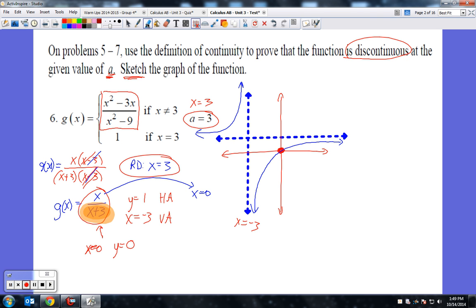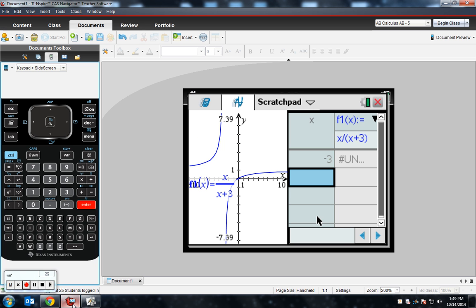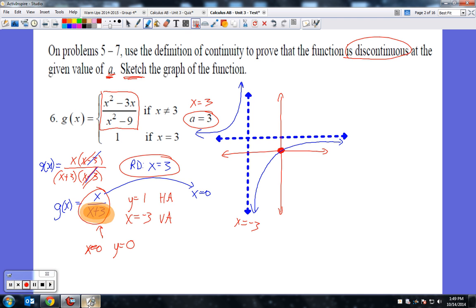The removable discontinuity at x is equal to 3 will exist also as far as a hole in the graph. Now, if I went back to the calculator and I did put 3, if it was a point, it would exist at 0.5. Okay? So if I come over here, we know this right here is 1.